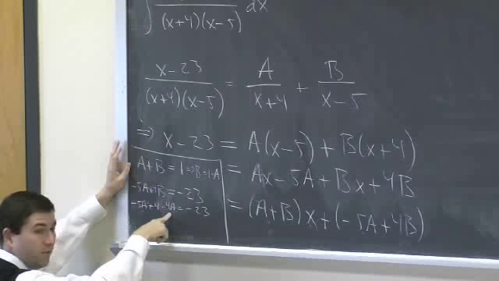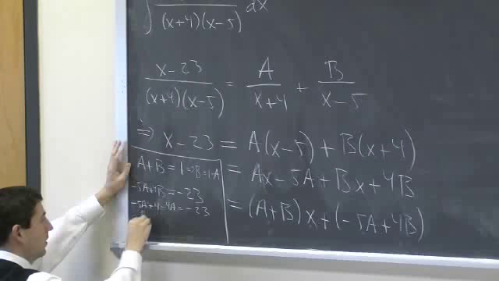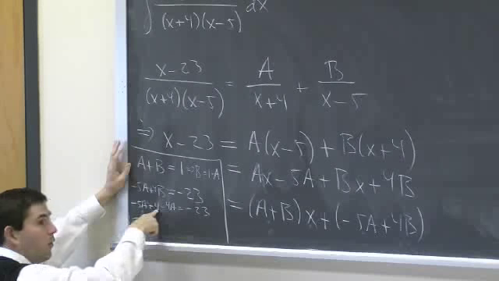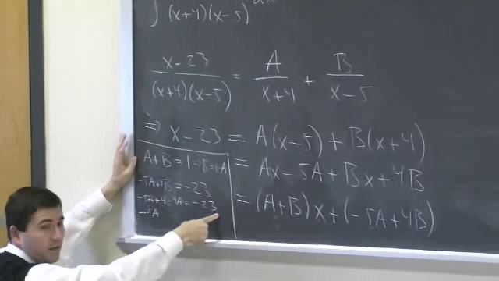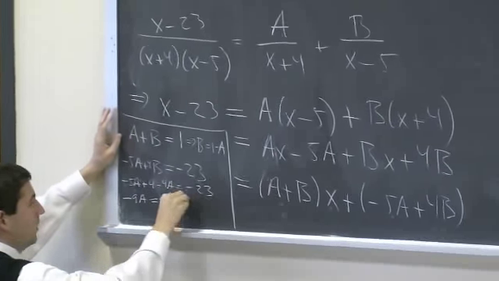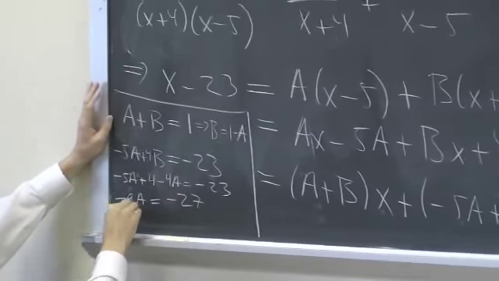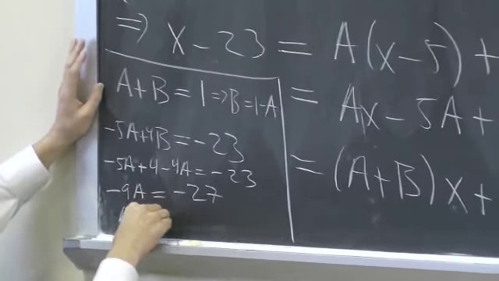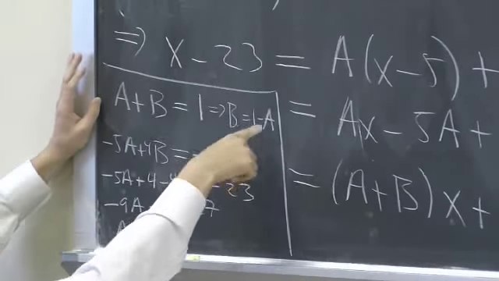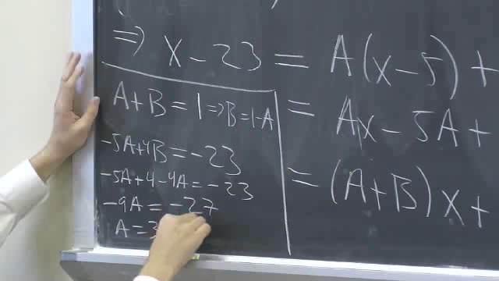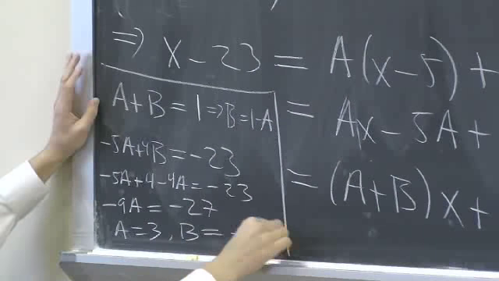Minus 5a minus 4a is minus 9a. And if I take this 4 to the other side, I get minus 27. Dividing by minus 9, a is equal to 3. And since b is 1 minus a, b is 1 minus 3, which is minus 2.